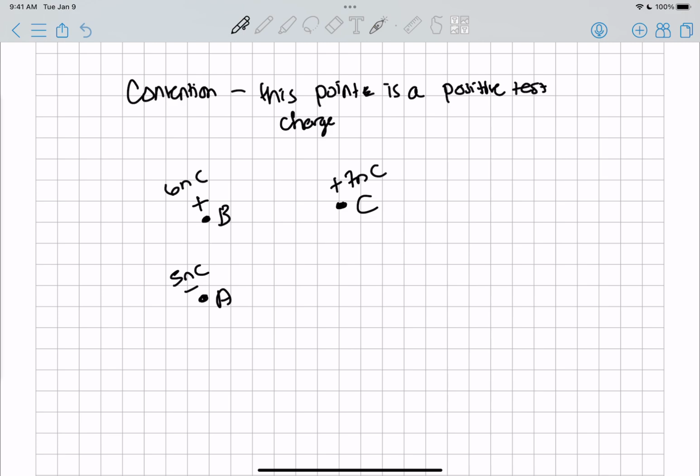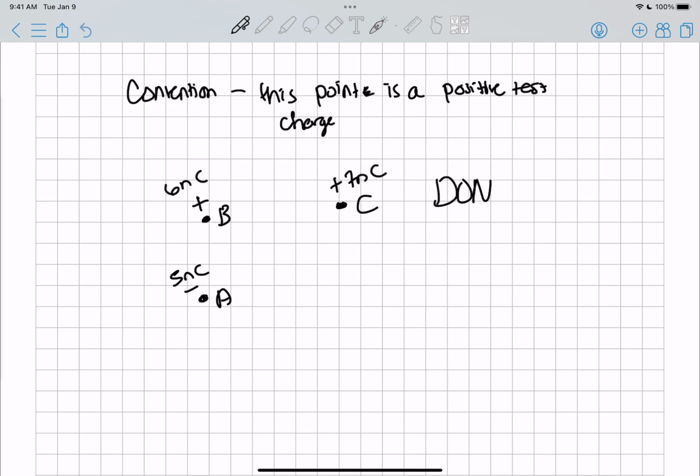So that charge would be creating its own electric field. However, we do not care about the electric field that it's generating at that point. We care about what it's feeling at that point, right?